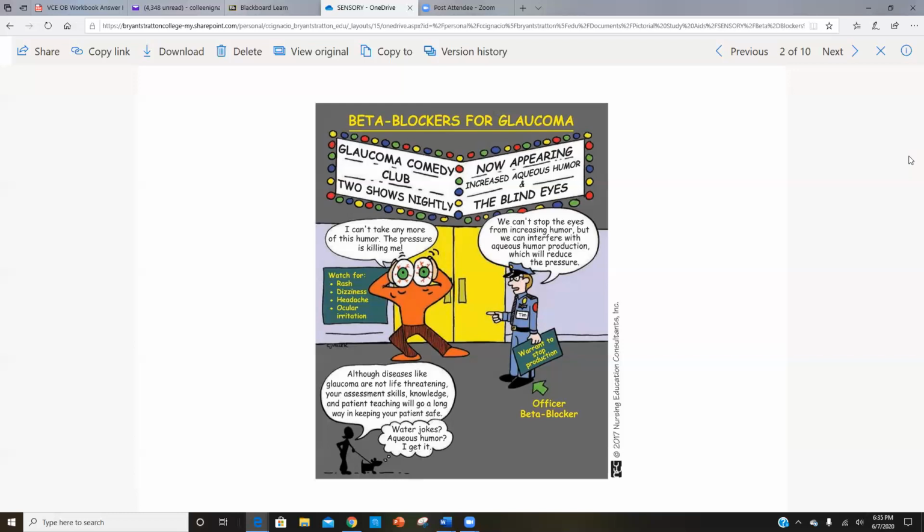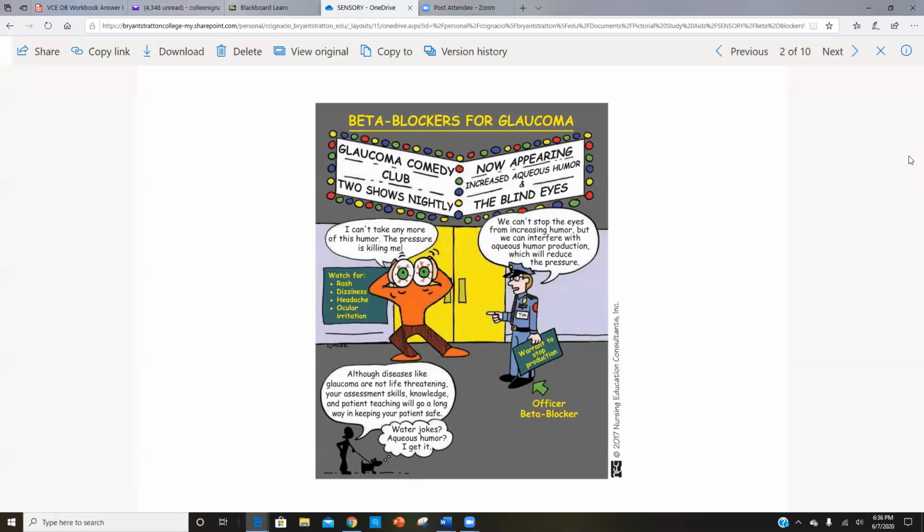Other medications that are important to understand when we're talking about glaucoma are alpha-2 adrenergic agonists. These medications are supposed to decrease the production and outflow of aqueous humor to help lower the intraocular pressure.